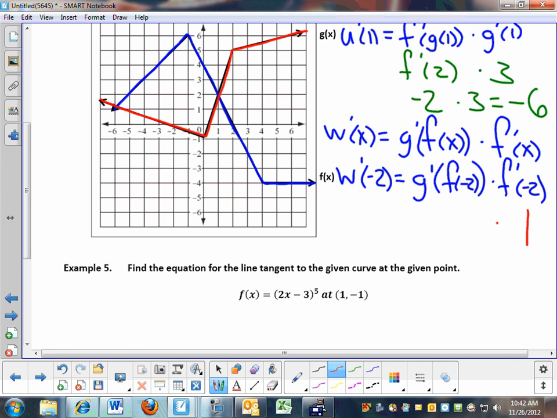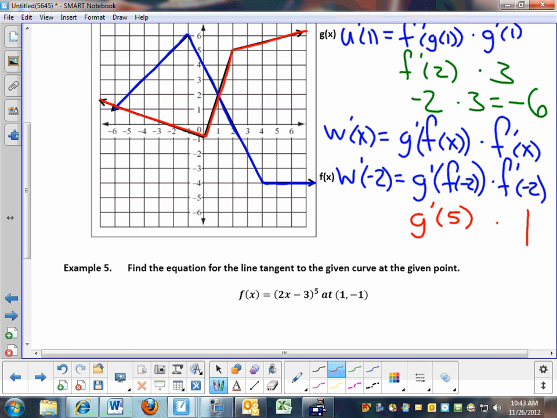Now I need g prime of f of negative 2. So what should I identify first? I first should identify f of negative 2. What is f of negative 2? Positive 5. So I have g prime of 5. Now I have to figure out the rate of change of g at 5. If you go over here, 5, you go up to g.